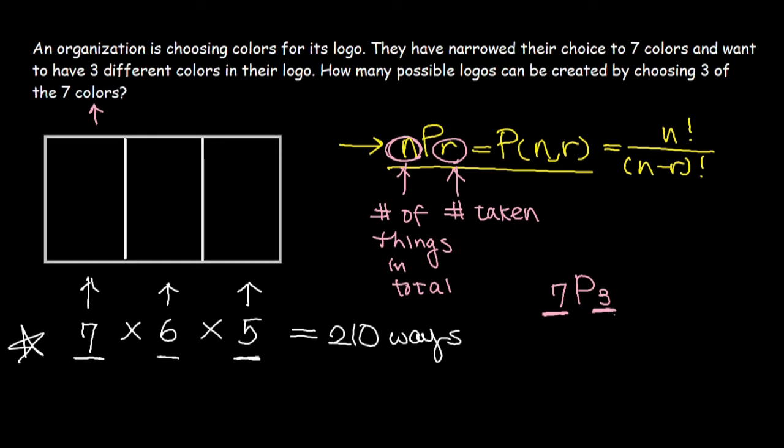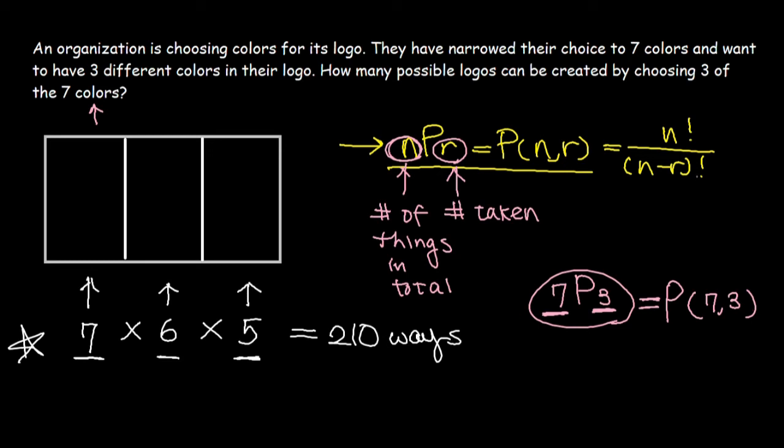This is how to represent this question. You do the same thing for the second way to show this, P, and then you put 7, 3. So both of these ways you can use to represent this specific question.